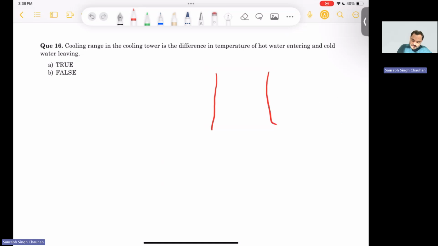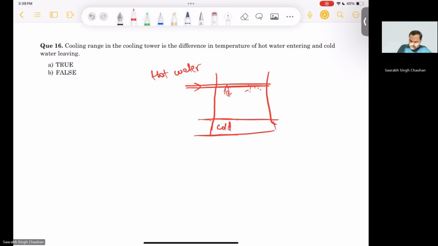In the cooling tower, there is hot water coming inside, and water is sprayed, and at the bottom we have this cold water, and we have air, and this air will leave from the top.